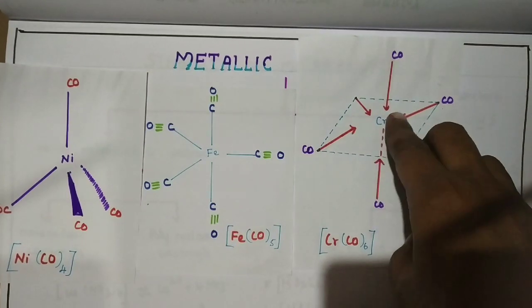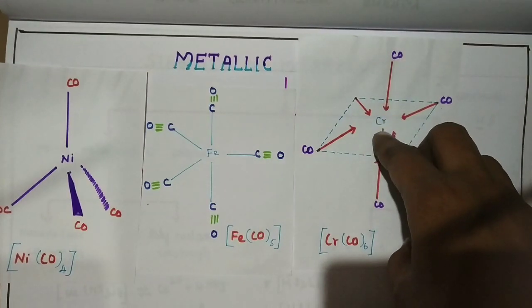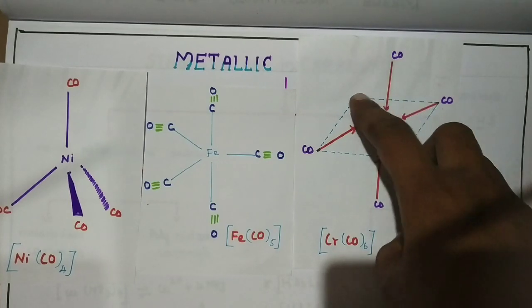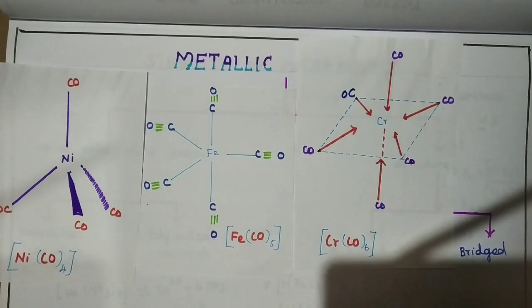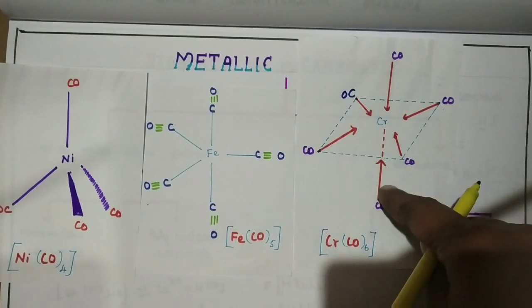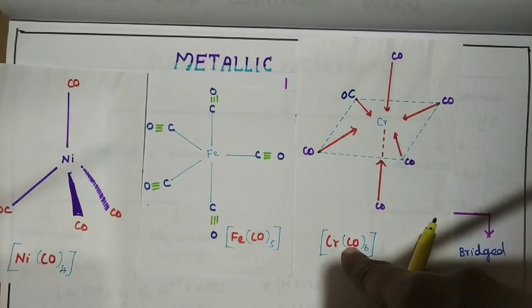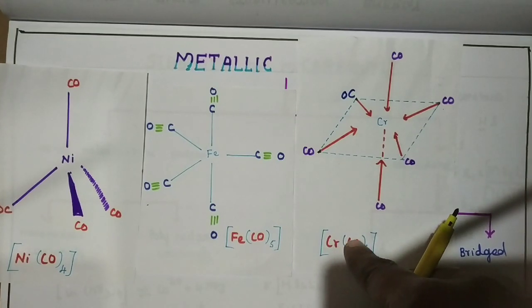Here Cr is the central metal ion attached to 6 ligands, all the same, all CO. Only one central metal ion. This is the mononuclear carbonyls.